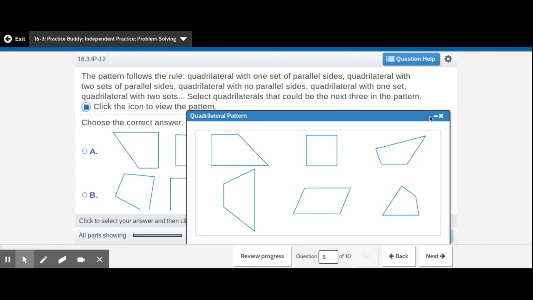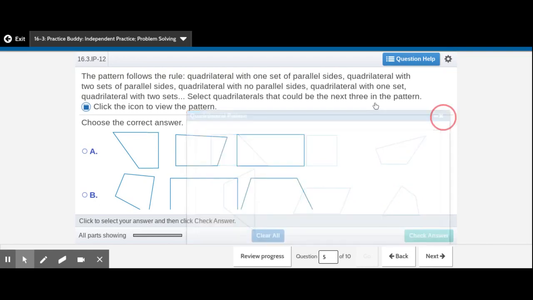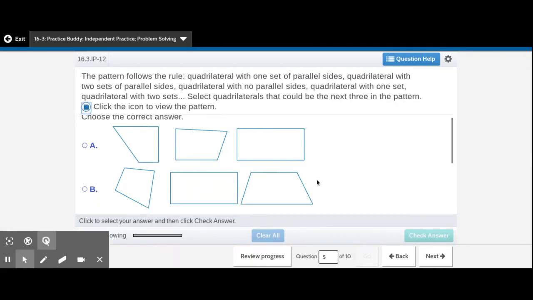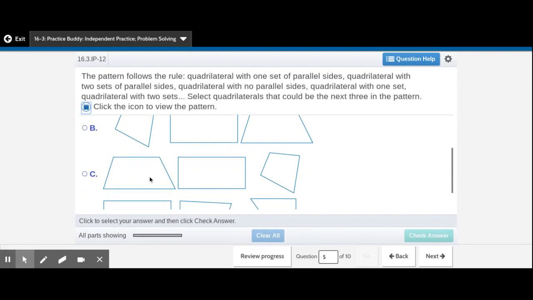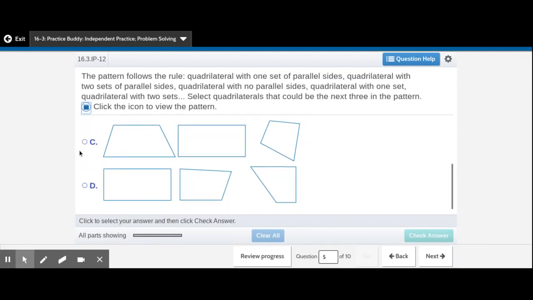So let's see which option we can have. We did the no sets already. It gave us the no set in the picture. Now we need one set again, then we would need two sets, and then we would need no sets again. So it would need to be one set, two sets, no sets.